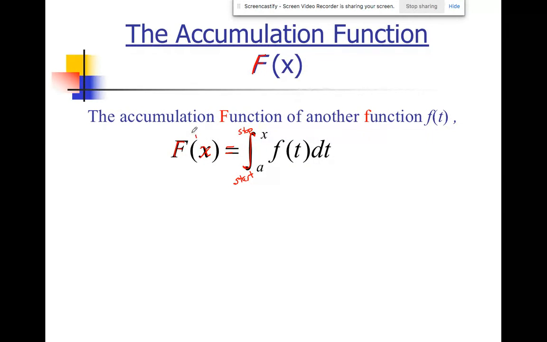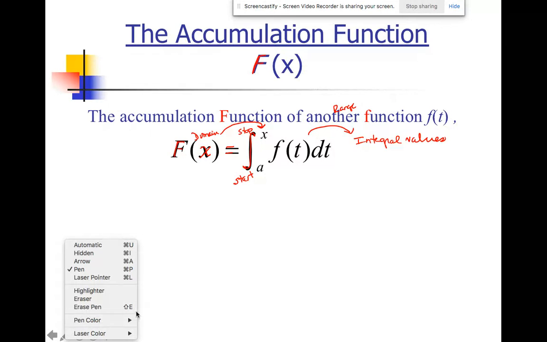Your domain values are upper limits of integration. Your range values are integral values. Right? You've been doing this for a long time.